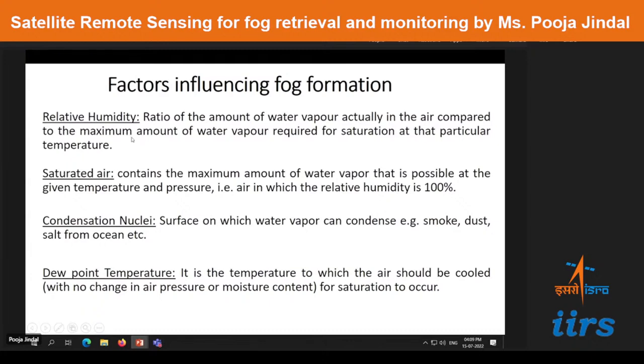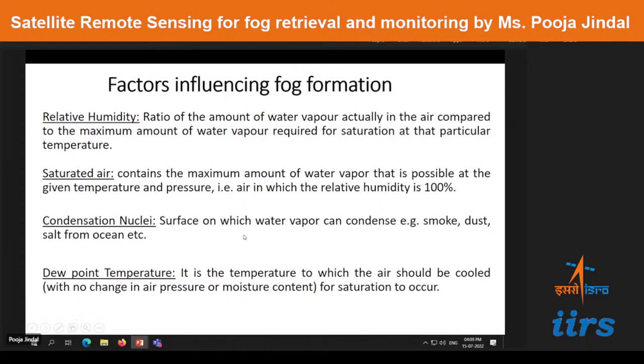That is, if you put in any additional water vapor, condensation will take place. Then you are coming to the saturated air. This is the air that contains the maximum amount of water vapor that is possible at a given temperature and pressure. Of course, the saturated air would have a relative humidity of 100%.